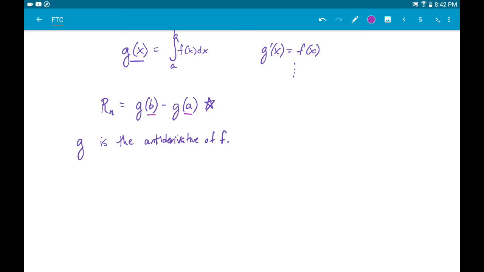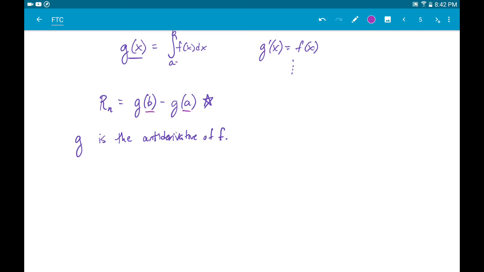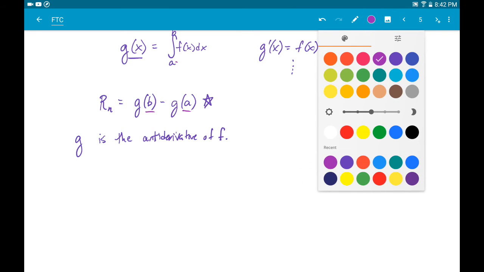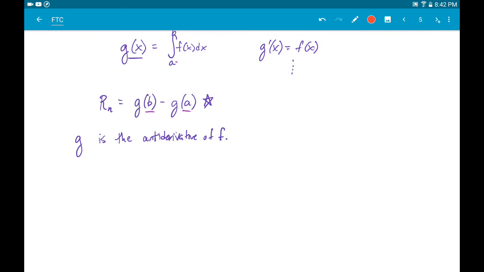So you guys at this point know how to take antiderivatives, and so you're going to be using all of those antiderivatives and evaluating them at the endpoints of the definite integral, and it'll give us an exact answer for what we want.